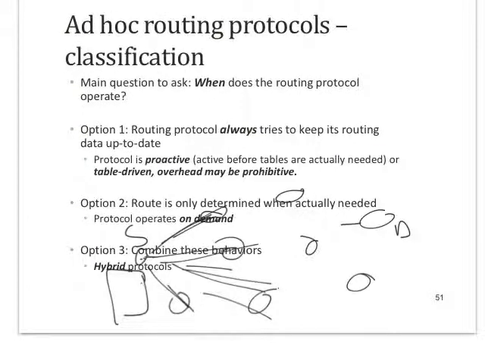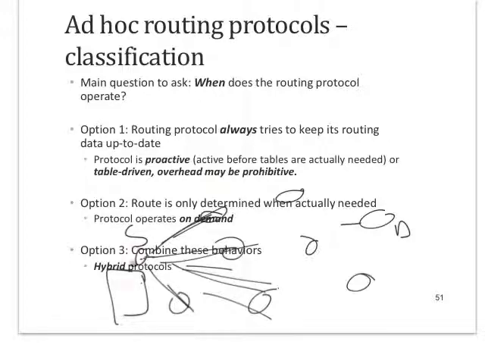Well, it turns out the first option does that all the time, constantly. Because guess what? We have to be proactive. I don't want to wait. If this node wants to send packets, I will not say, okay, look, please wait until I establish the end-to-end route.